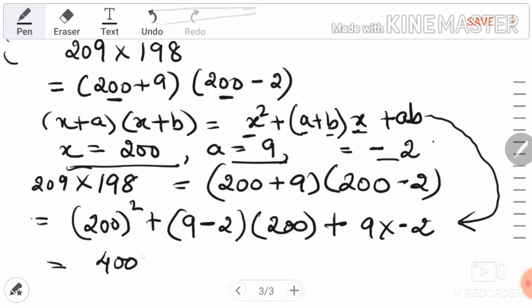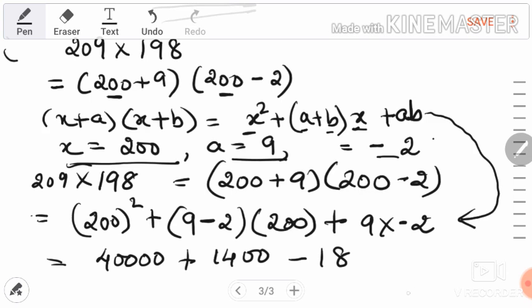So now simplifying these numbers, 40,000 plus 9 minus 2 is 7, times 200 will be 1400, minus 18. So we get 41400 minus 18, which is equal to 41382.